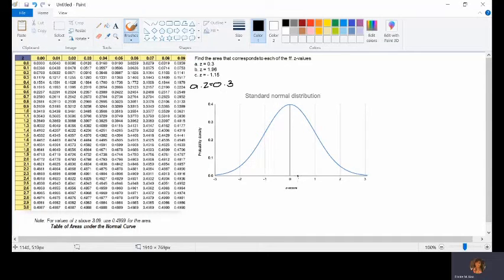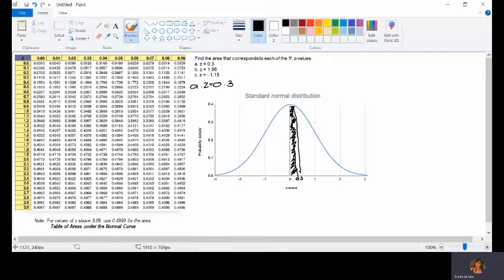It is located somewhere here. I'm going to draw a line. So let's say this is your 0.3, and this shaded part is the area we're going to find.